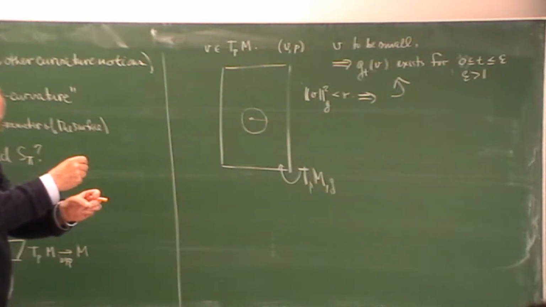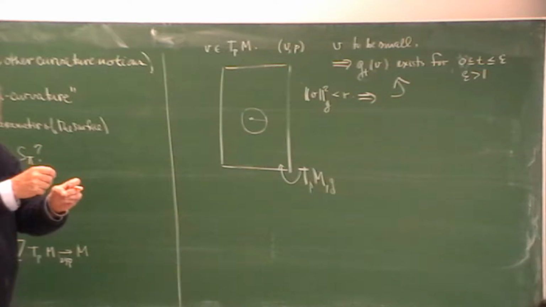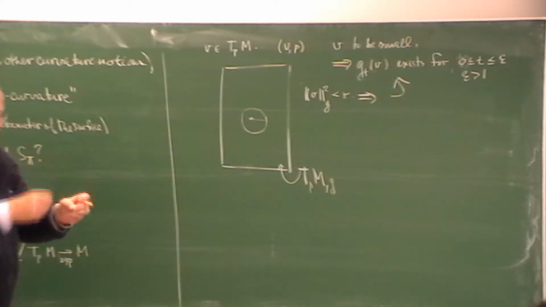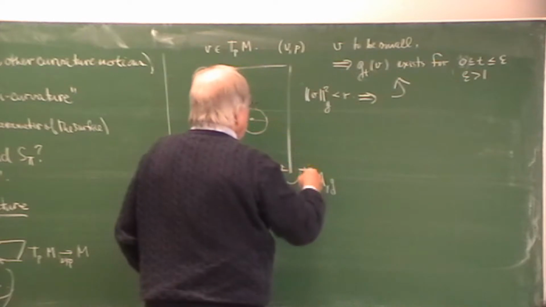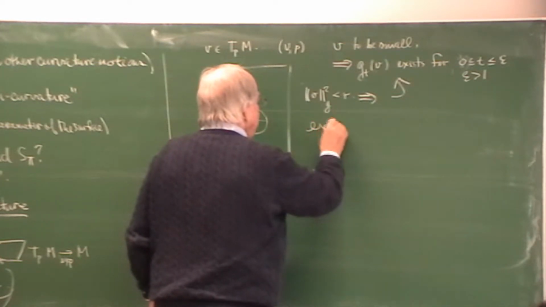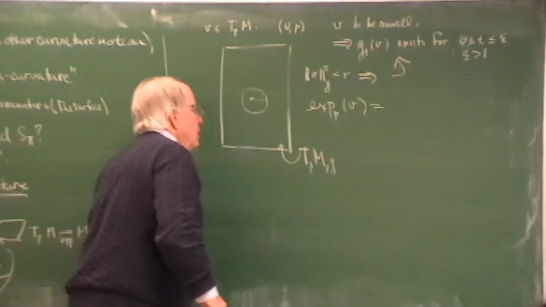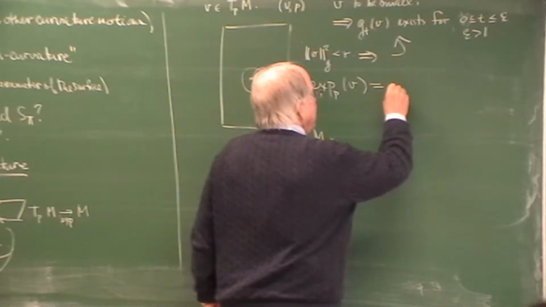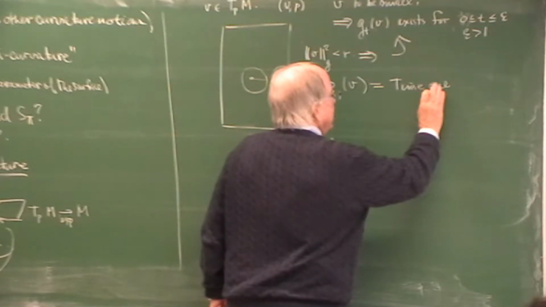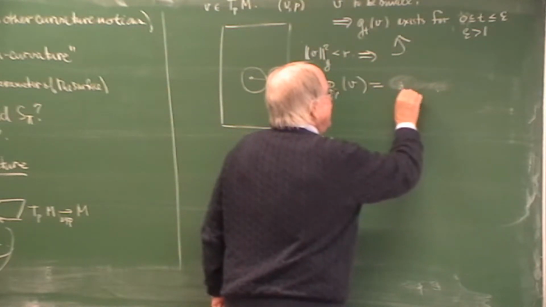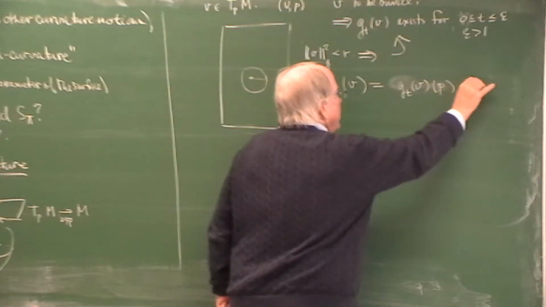Now you understand what I have to do here. I have to use compactness. This is true for each v in the direction, so that's on a compact sphere. I use the compactness of the sphere, so that if v is small enough, then this thing exists for all v. Then I define exp_p of v to be the time 1 flow: g_t based on v of p for t equal 1.